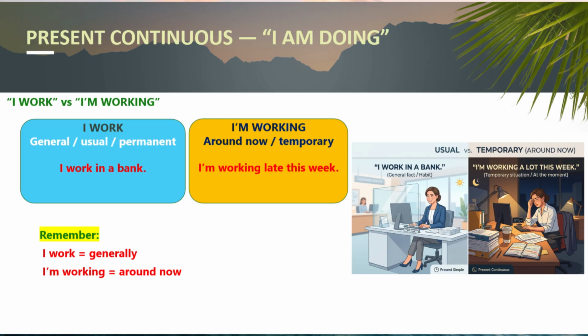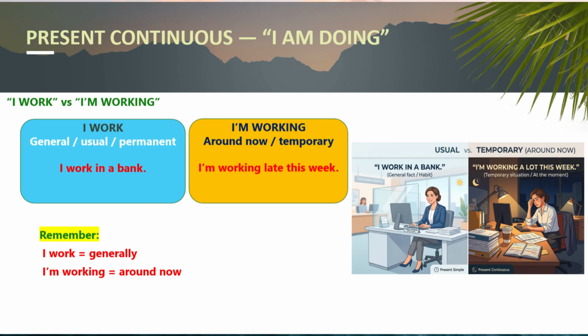So the present simple often describes what is generally true or what happens regularly, while the present continuous can describe something happening now or something temporary. Here is another example.